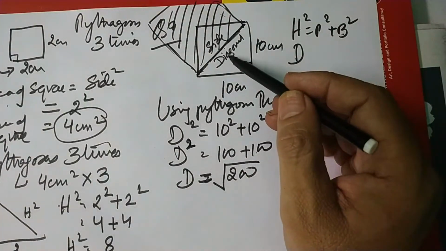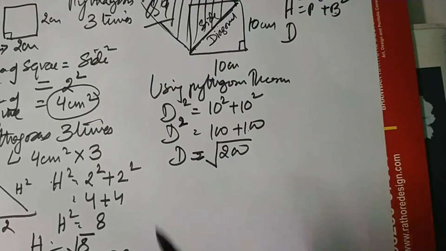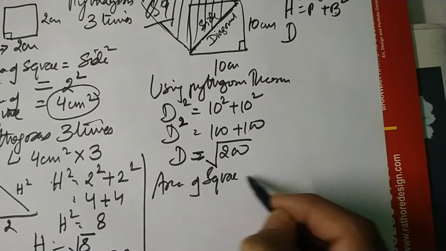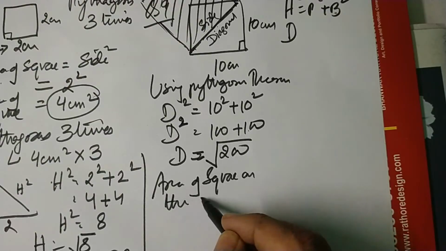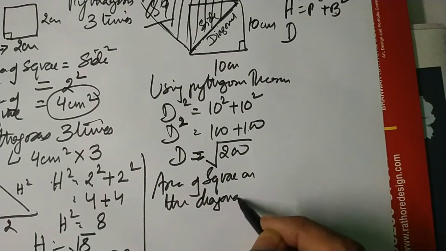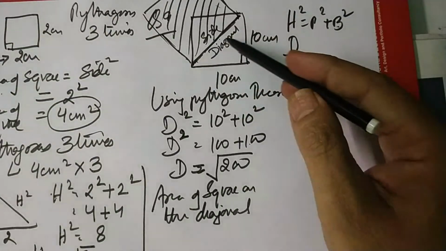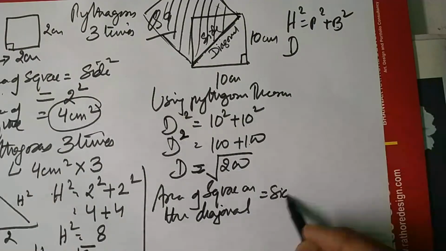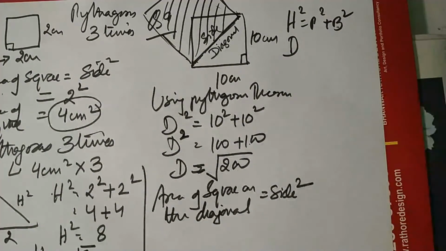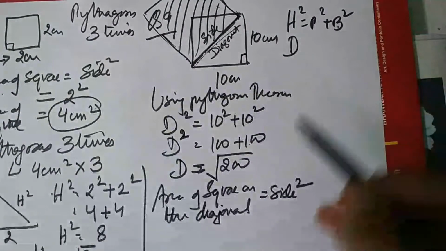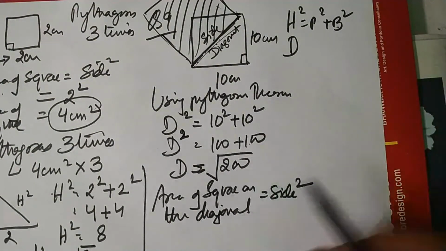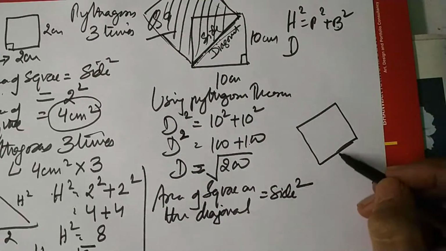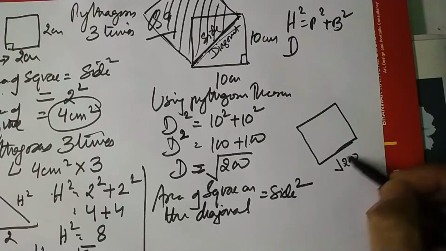So the diagonal I have just found is under root of 200. So area of the square on the diagonal, this diagonal. So what is the area? It will be side square. Now the side is not given, but the diagonal we have found is under root of 200. The square is tilted like this. Its diagonal I have found is under root of 200.